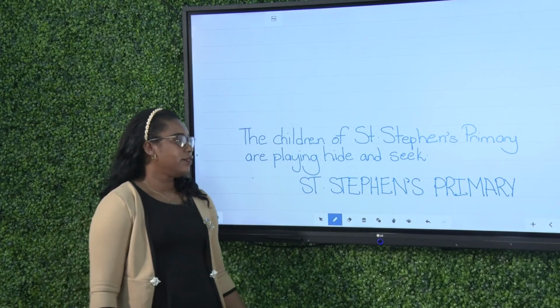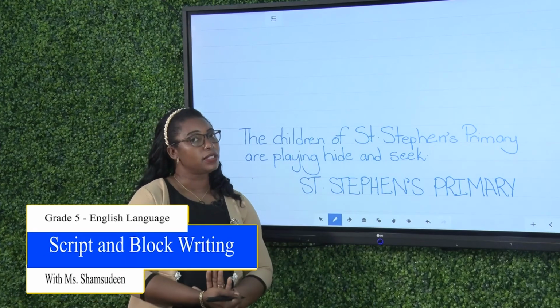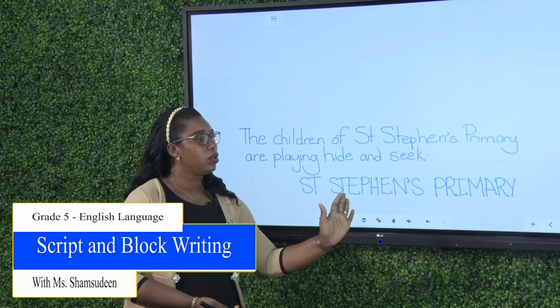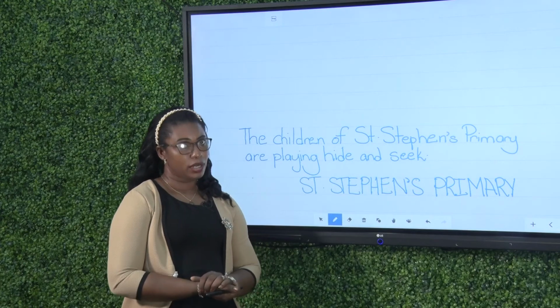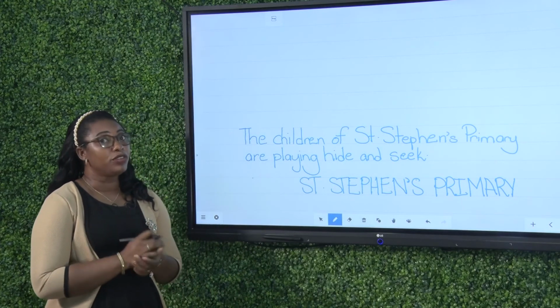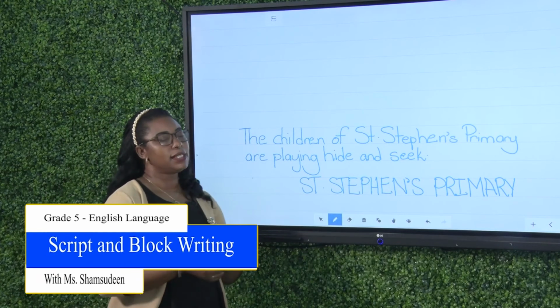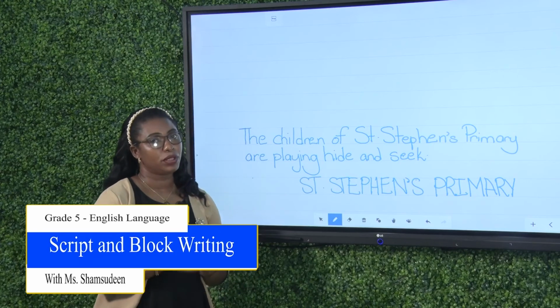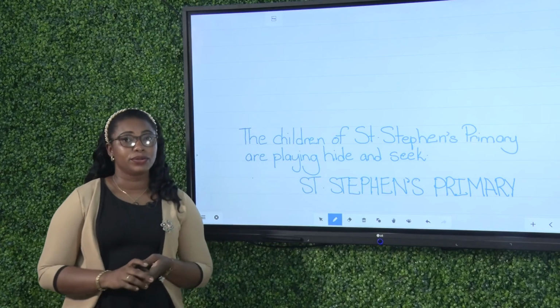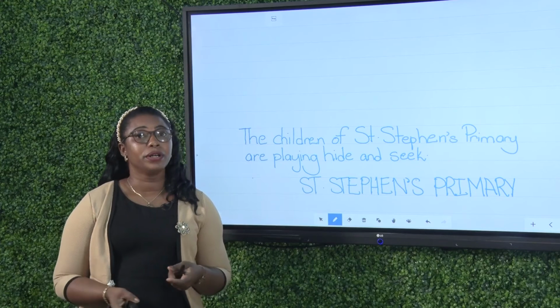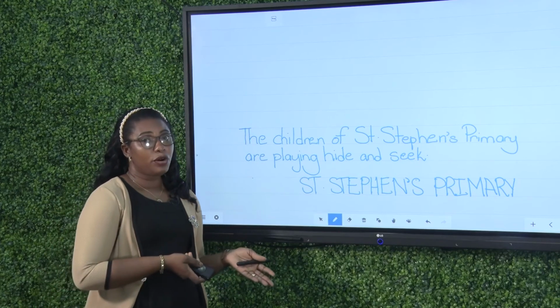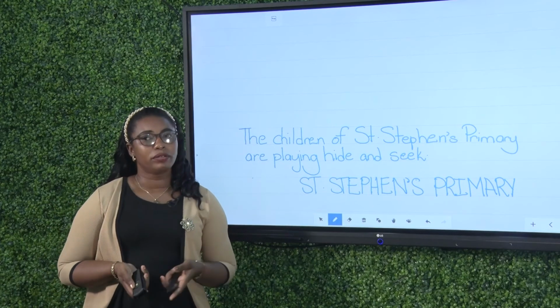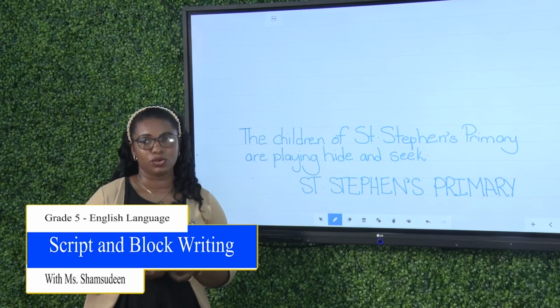Good. So if you look, you see St. Stephen's in all block letters. Now, if you even look at the name of your school on the building, you would see a writing like this with all uppercase. So that's it for our sentence form in script and block writing in script as well.